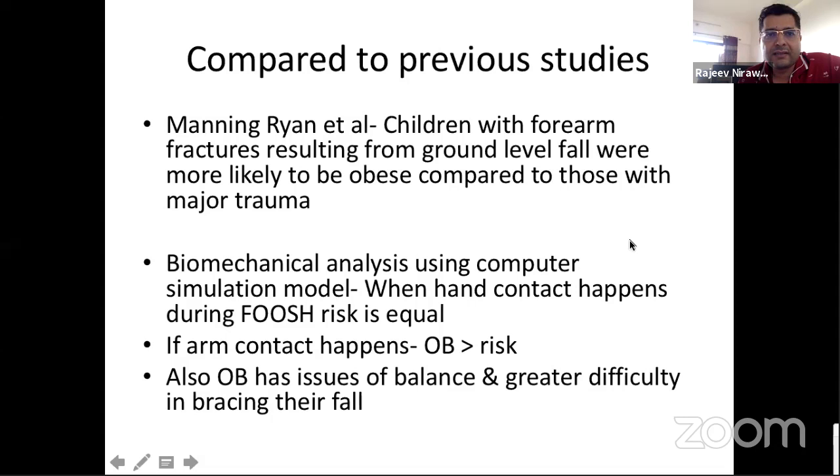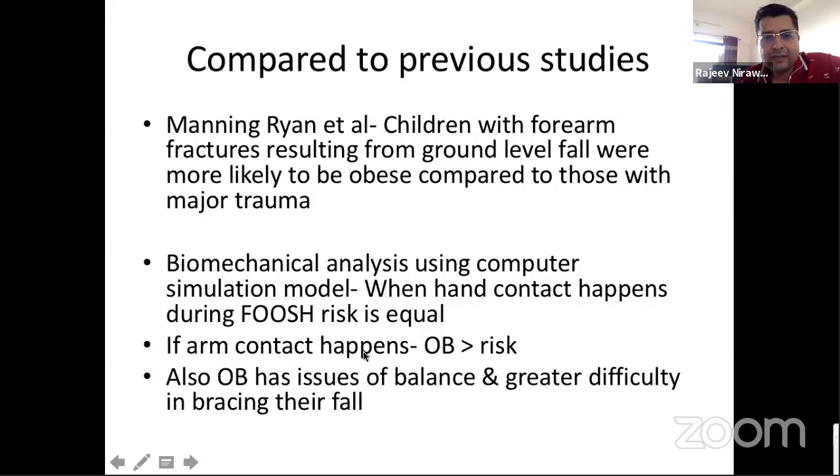Compared to previous studies, such as by Manning, Ryan et al., children with forearm fractures resulting from ground level falls were more likely to be obese compared to those with major trauma. They had a biomechanical analysis using computer simulation models, and when the hand had contact during a fall on an outstretched hand, the risk was equal.